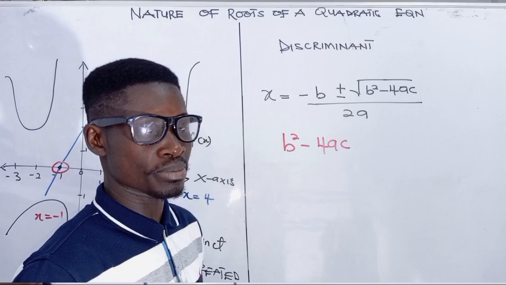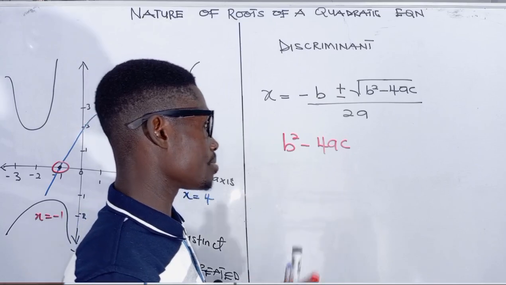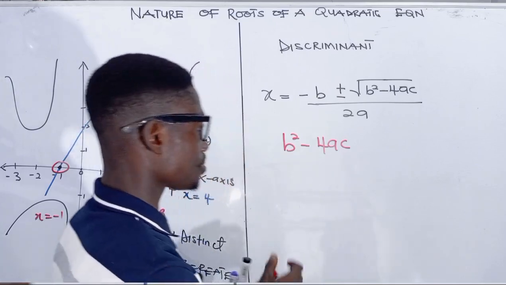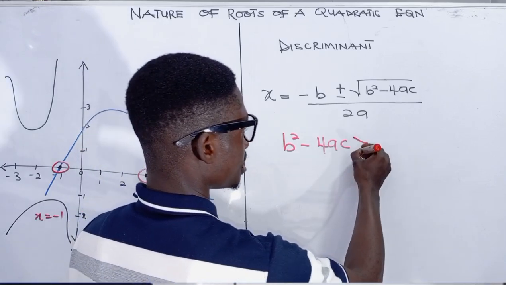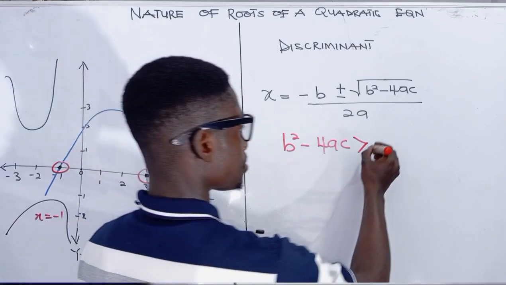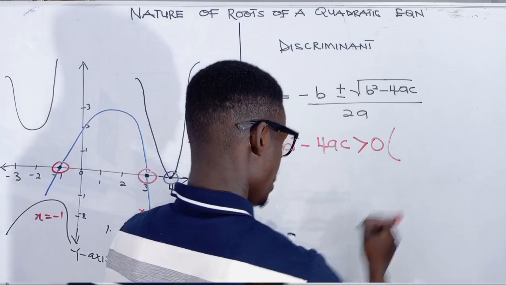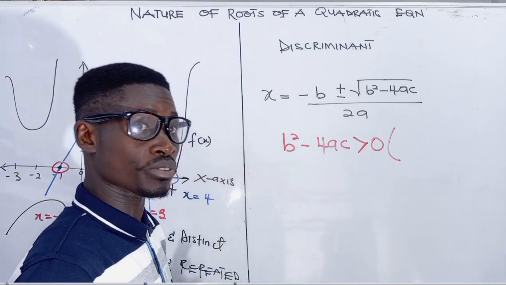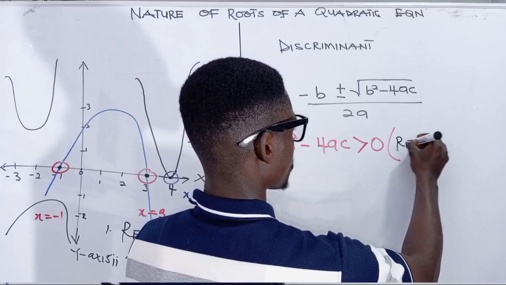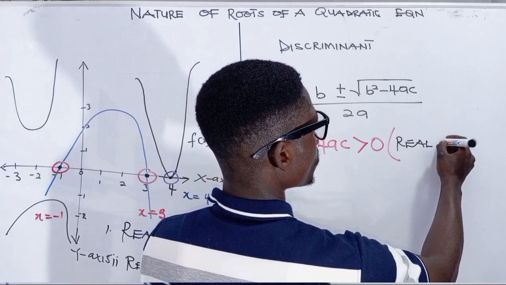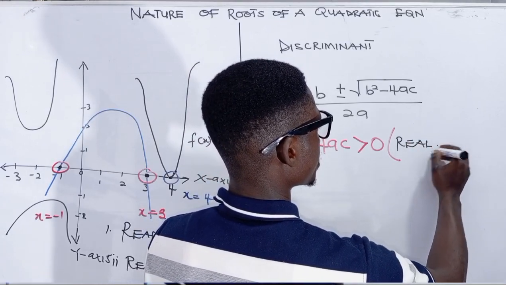Now, what does this discriminant say? So this discriminant says that when it is greater than 0, then the roots of the quadratic equation are going to be real and distinct.